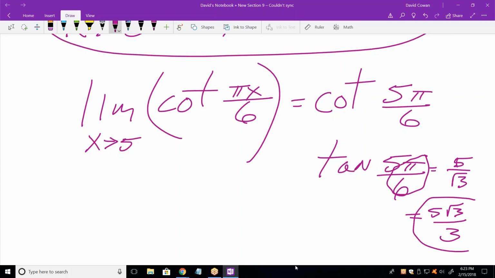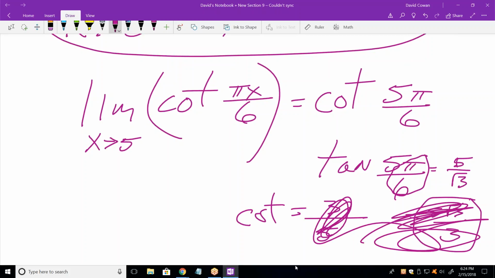That's the tangent of 5 pi over 6. Okay, so the cotangent must be 3 over... I shouldn't have rationalized it in the first place. I didn't need to rationalize that. Cotangent's the reciprocal. It's square root of 3 over 5.